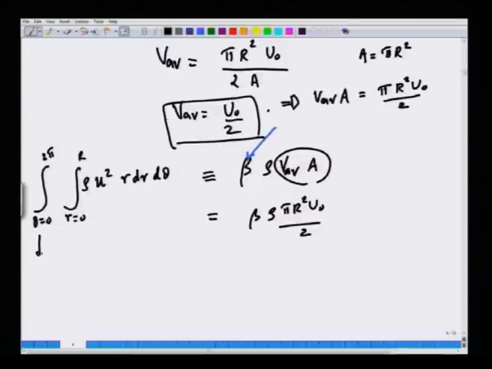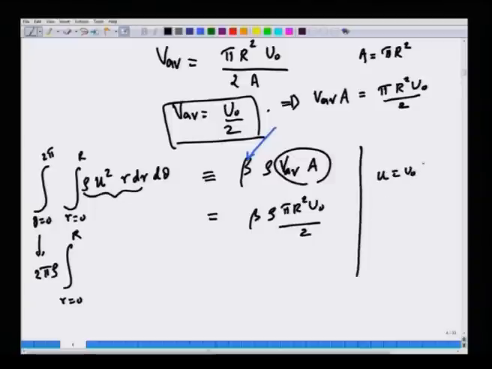Again the theta integral is straightforward because the integrand is independent of theta. So, r is 0 to R, rho is a constant, so I pull this out. Now, u is u naught times 1 minus r squared by R squared.